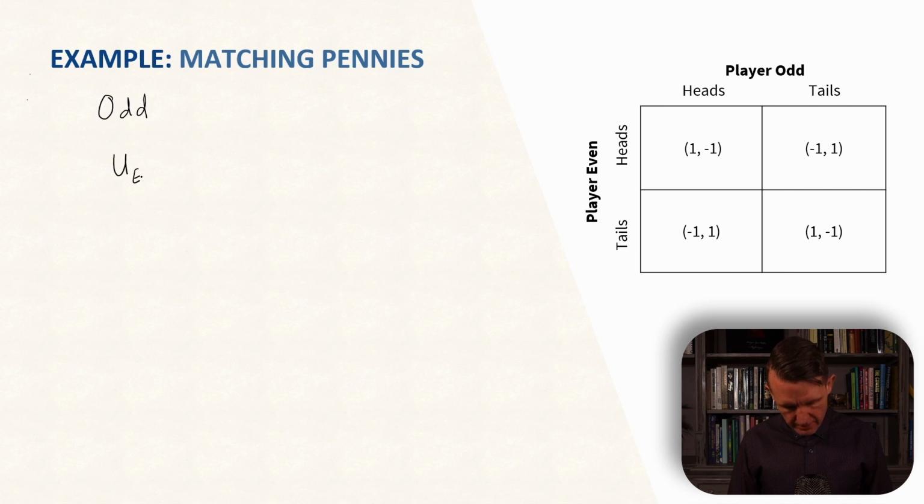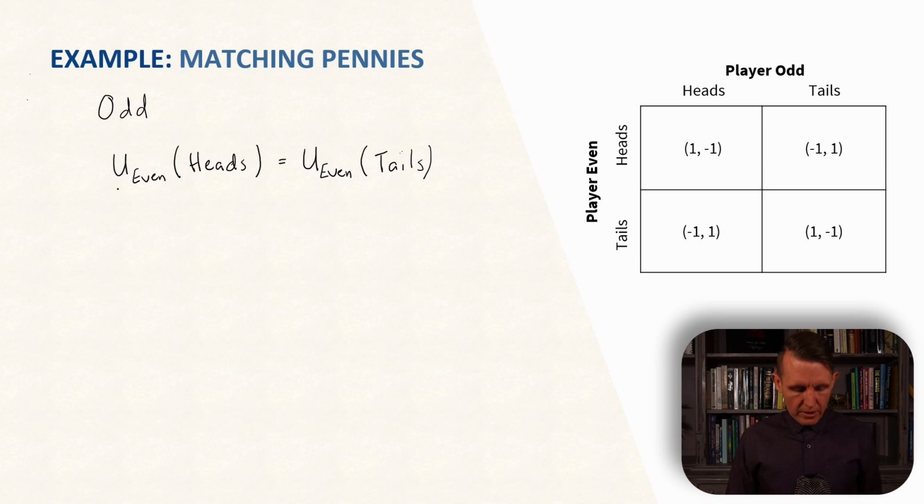Player even. So if the utility function u_even is the utility that player even gets for playing heads and for playing tails, we need to set the probabilities of our actions in order such that these two expressions are equal.